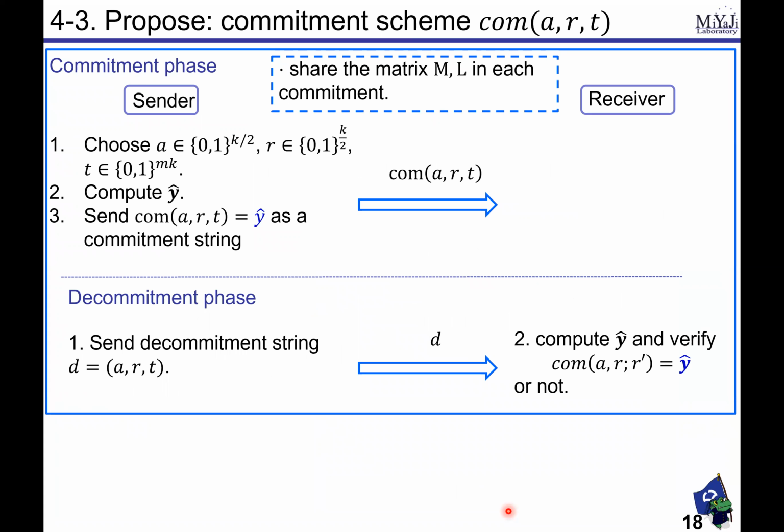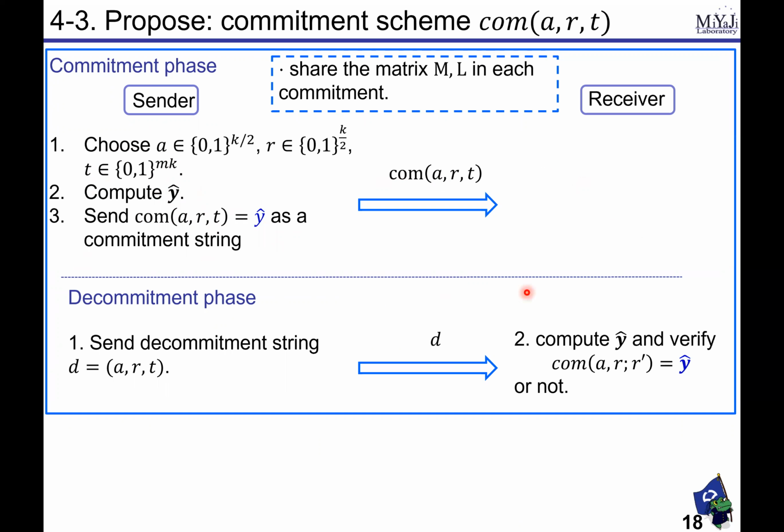So next, we propose our commitment scheme, Com. This commitment scheme is based on the PRE hash function which we proposed on the previous slides. The sender chooses message value A, random number R, and random T, computes y hat the same as in the PRE hash function, and sends the commitment Com as a commitment string to the receiver.